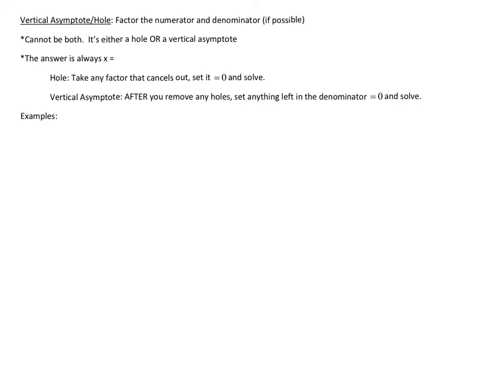So I want to show you what that looks like, just so we can get an idea of what I'm talking about here. If we look at this function here to the right, you can see the difference, hopefully, between a vertical asymptote and this hole. A vertical asymptote is going to be here, this dashed line.